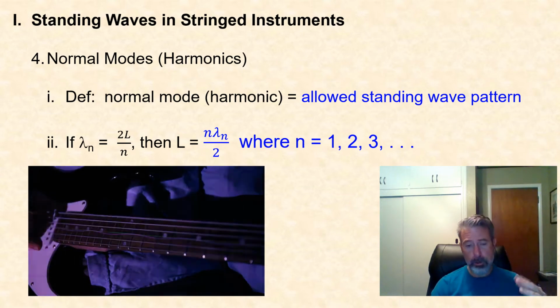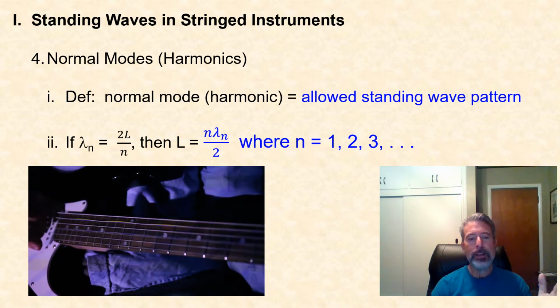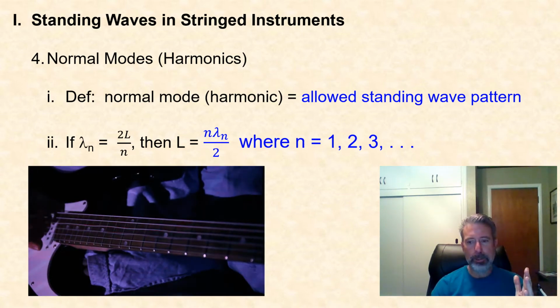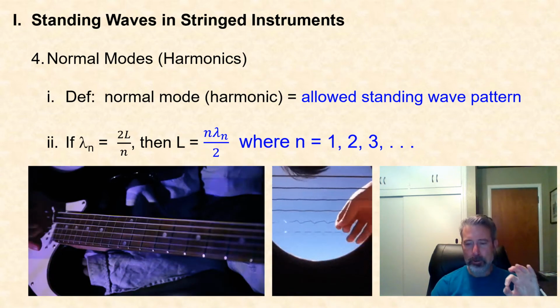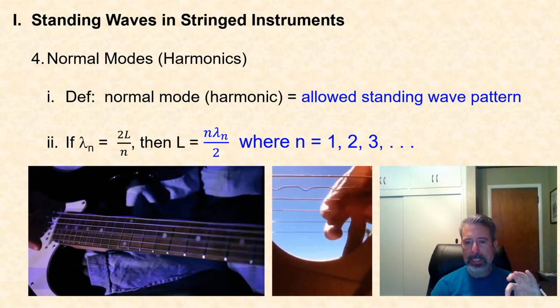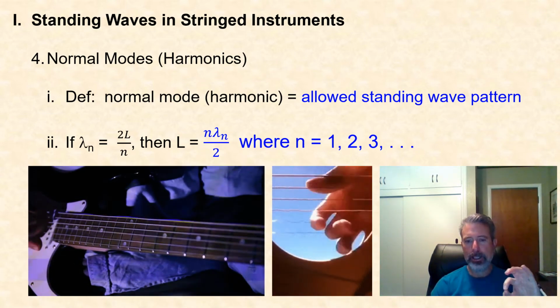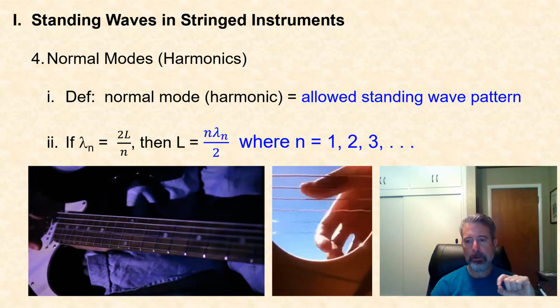But if we use some stroboscopic photography, so you're only looking at these standing wave patterns at certain times, you can see that you clearly do get these standing waves that exist on these strings that are fixed at both ends.